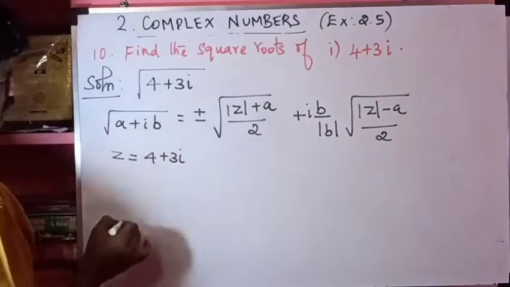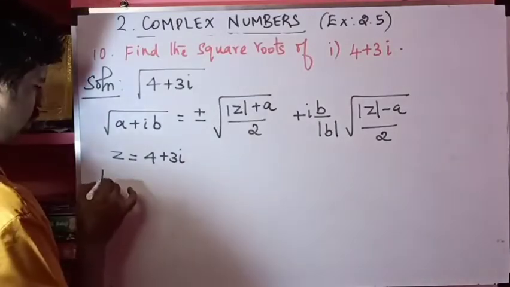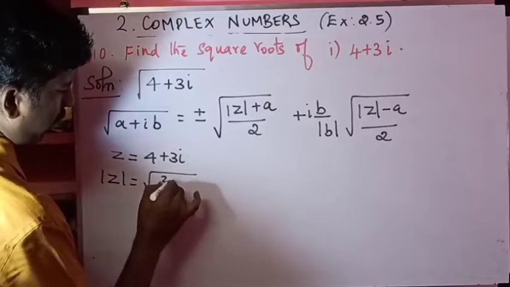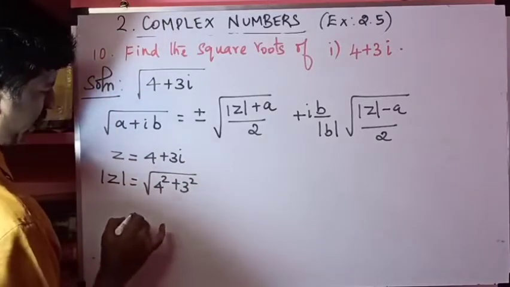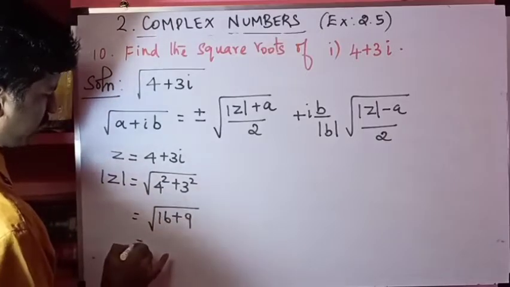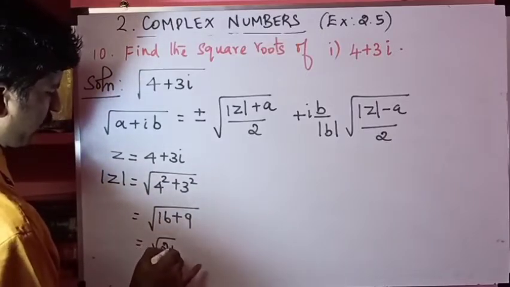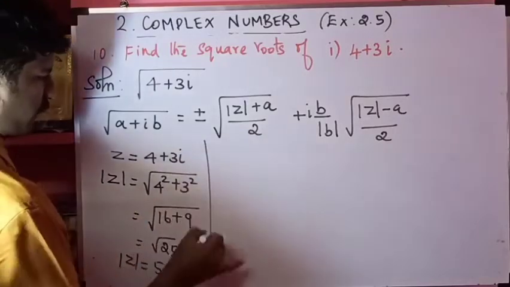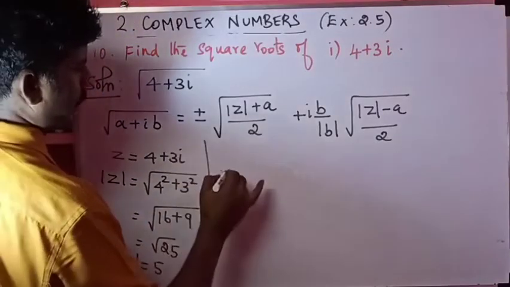4 plus 3i. So the modulus z is equal to root of 4 square plus 3 square. Am I right? Which is equal to 16 plus 9, which is equal to 25, which is 5. The modulus z is equal to what? 5. So therefore, formula apply பண்ணுங்க.